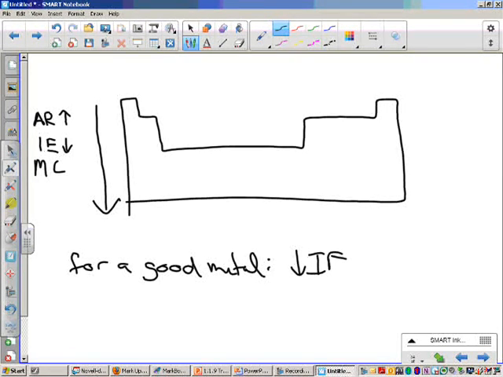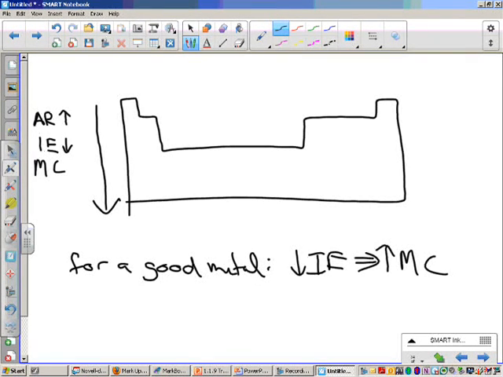Low IE results in a good metallic character. They're opposite, right? Low ionization energy, don't care about my electron, fabulous metal. So as we move down, the ionization energy decreases.